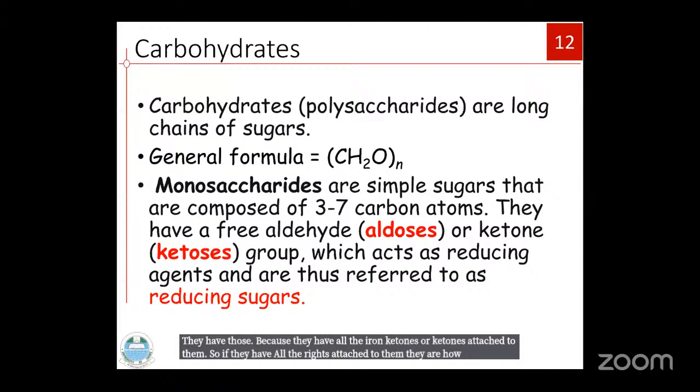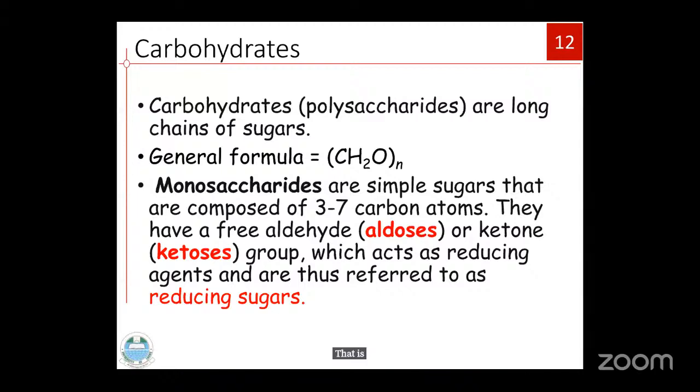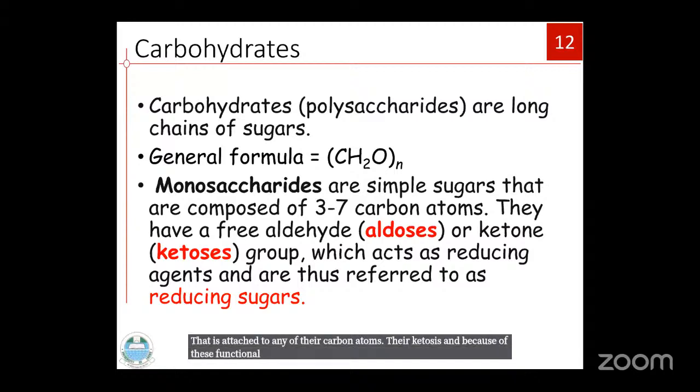And if they have ketones as a functional group attached to any of their carbon atoms, they are ketoses. Because of these functional groups, they are reducing sugars, because the functional groups confer reducing properties, the ability to serve as reducing agents. I hope that is clear.